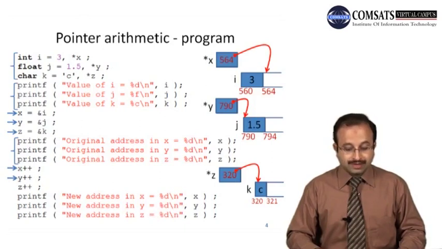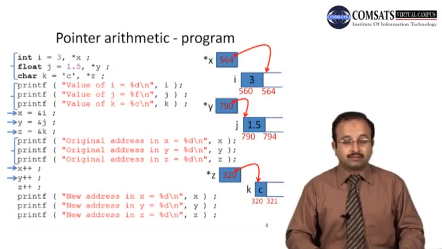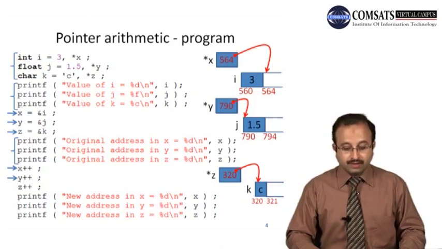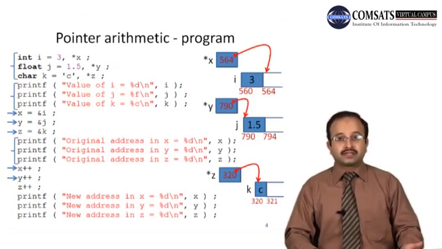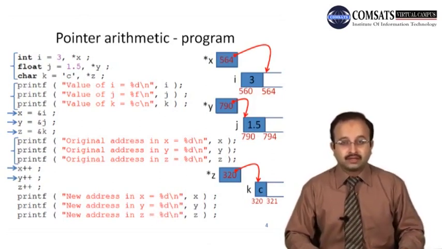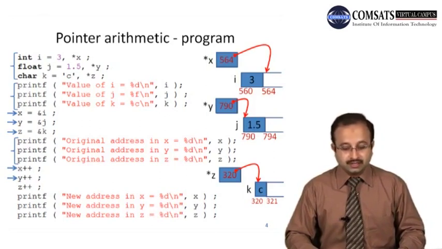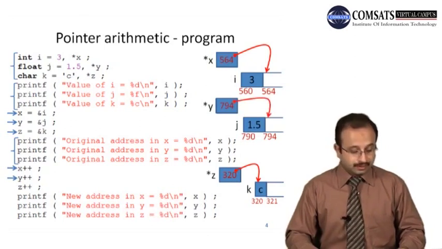It won't become 791, it won't become 792, it becomes 794. Why? Because whenever you increment the value of the pointer, it points to the next value in the memory location, and the next value is 4 bytes away, because the type of the pointer is float. So the next value is 794, and it points to this memory location.